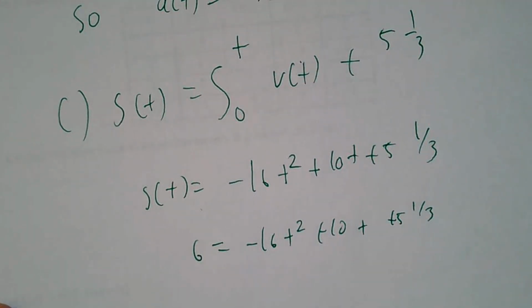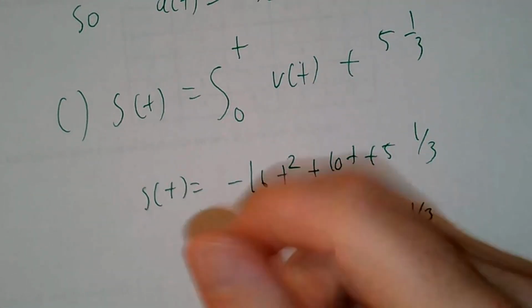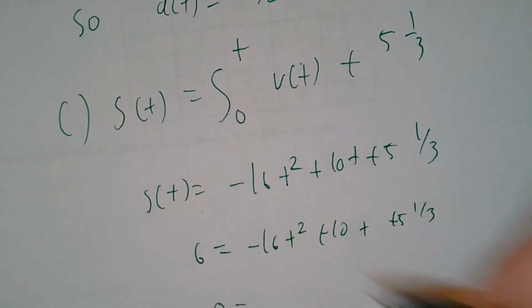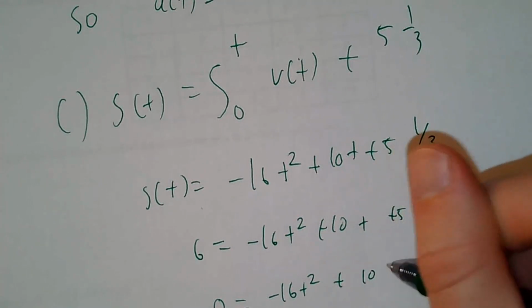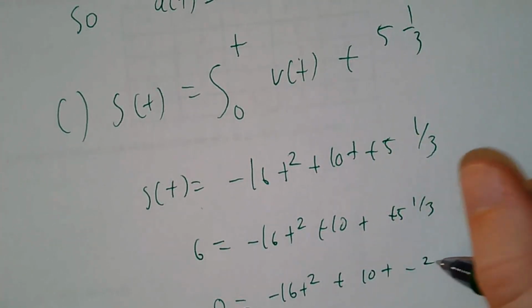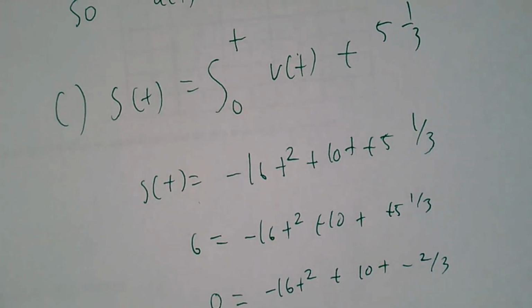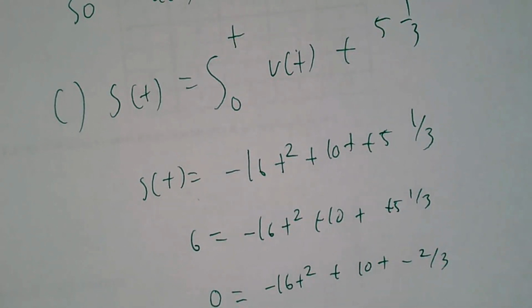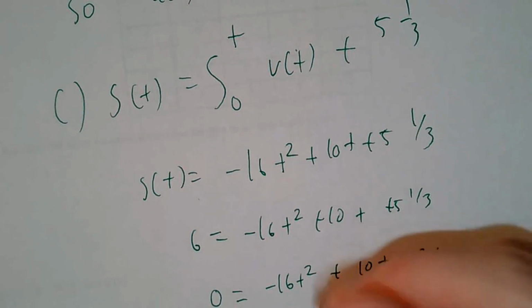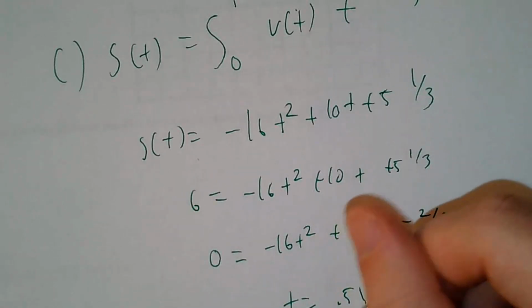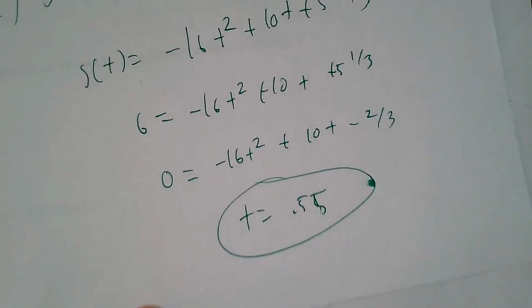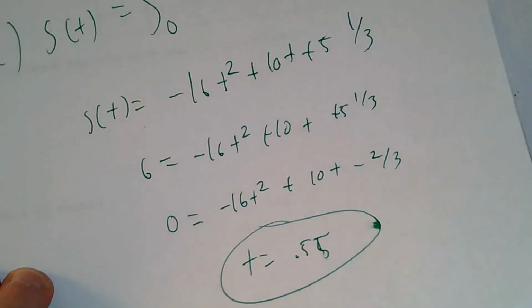And then we're going to solve this. So set it equal to 0: 0 equals negative 16t squared plus 10t minus 2/3. And then you can do this by graphing or quadratic formula, and you will get t equals 0.55. Okay, 0.55.